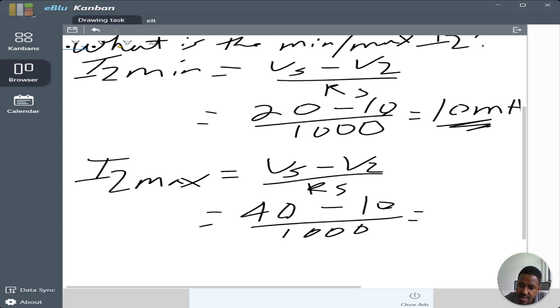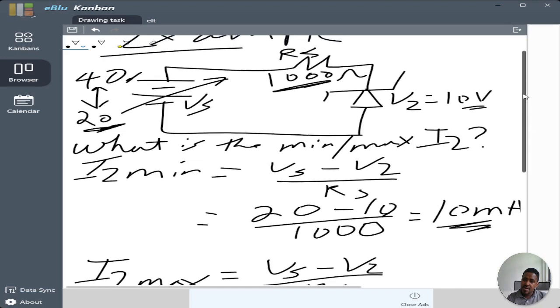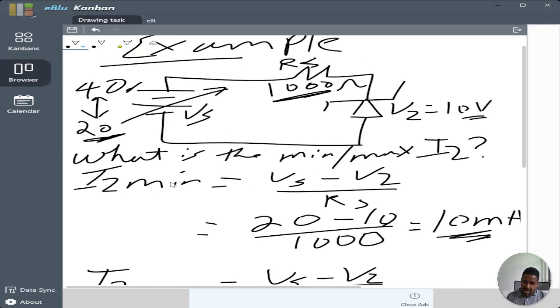This becomes 30 over 1000. Our Iz maximum is 30 milliampere. So by this equation, we can get from this circuit I minimum and I maximum.